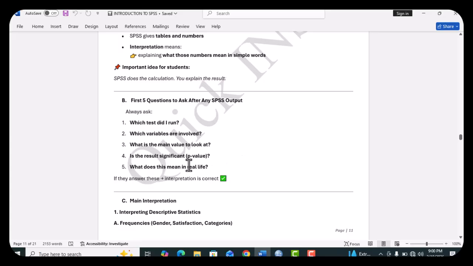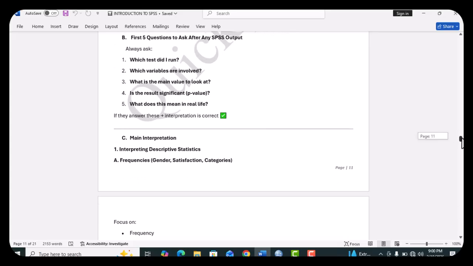That's for when you have the correlation and regression, and you have the p-value, which is 0.05 for statistics, and for social science or other departments they use 0.01 in most cases. What does this mean in real life? That's when you are dealing with business or other stuff, analyzing for them, and you want to interpret what you have got. So if this answer is right, the interpretation will be correct.